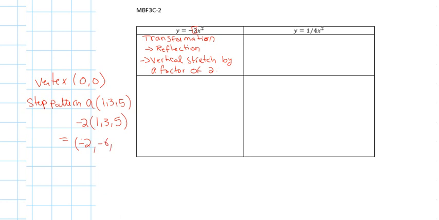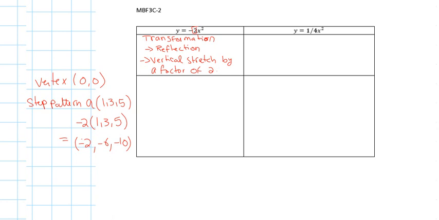So instead of going up 1 over 1, up 3 over 1, up 5 over 1, what am I doing here? I'm going down how much? 2 over 1. I'm going down 6 over 1.